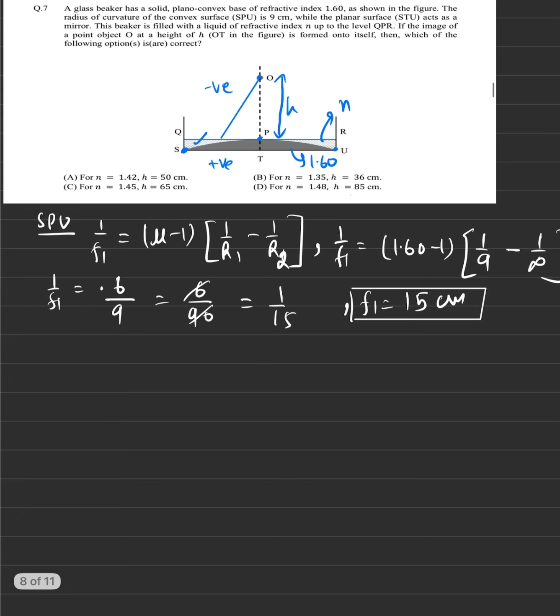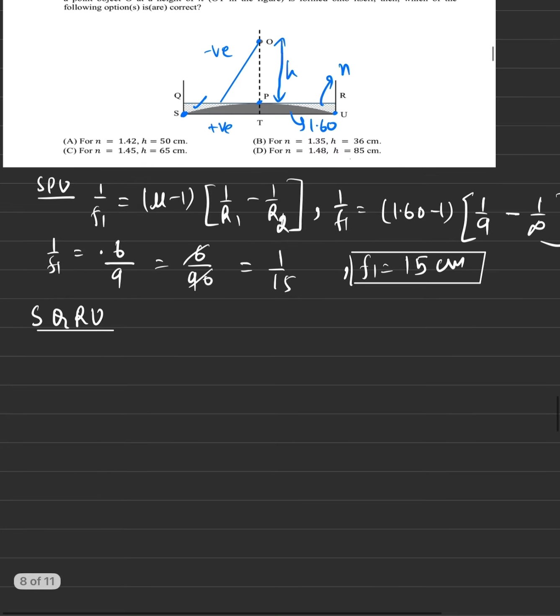And for the lens SQRU, we can write 1 by f2 equals (mu minus 1) times (1 by r1 minus 1 by r2).